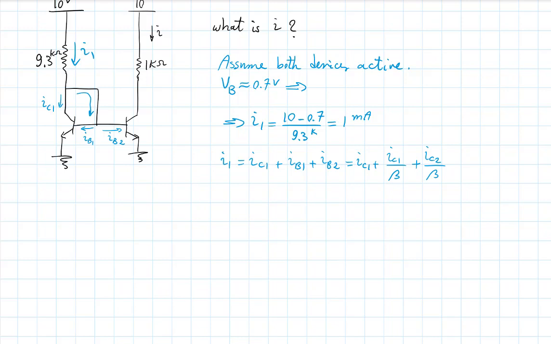If I go way back to the beginning, remember IC was an exponential function of VBE. If the two transistors are identical and their base is connected to the same point and their emitter is both ground, so you have the same VBE for both transistors, they will both have the same current.